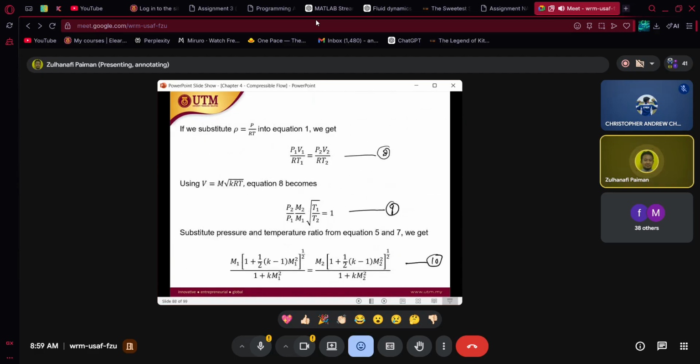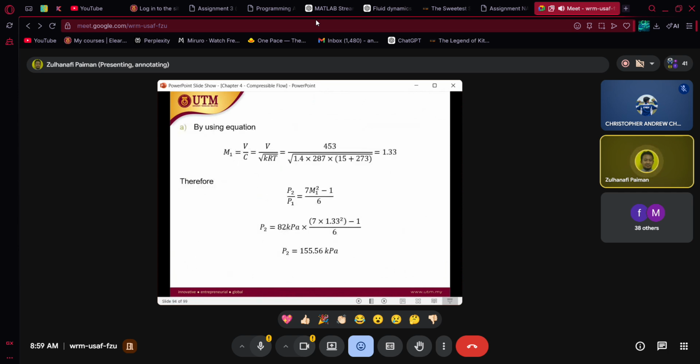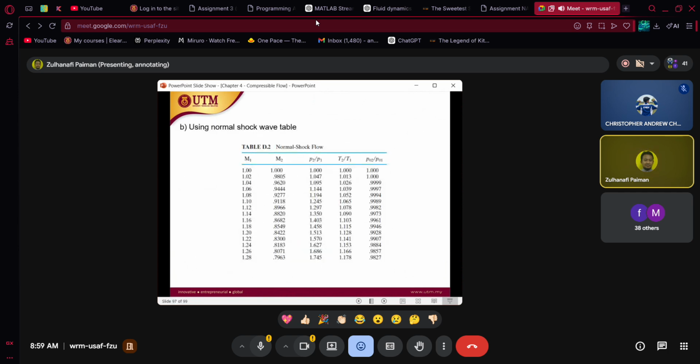So that is the answer using equations. And then what will happen if we use the table? I have shared this table with you previously. Table D1 is for the isentropic flow, and if you scroll down, you will have table D2, which is the normal shock flow table.